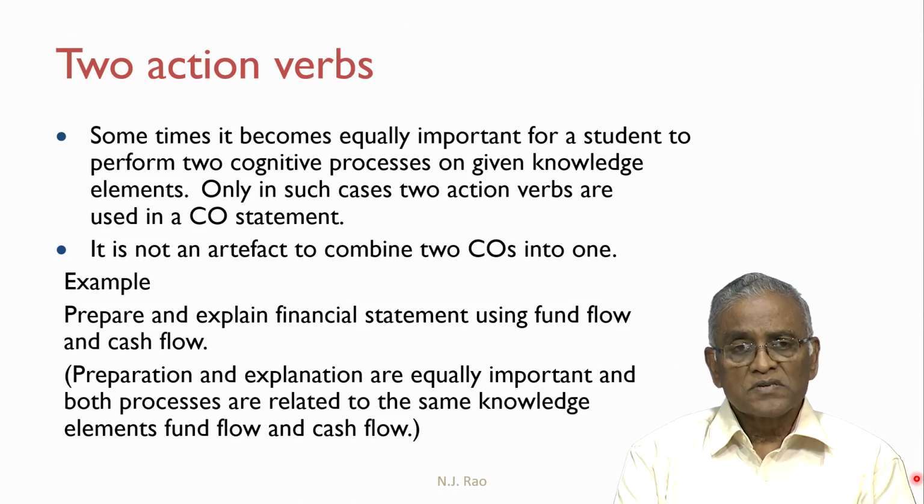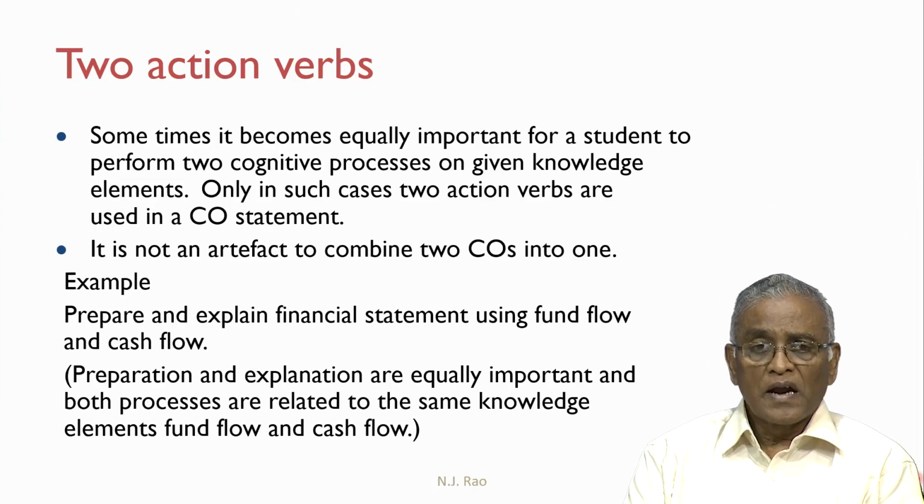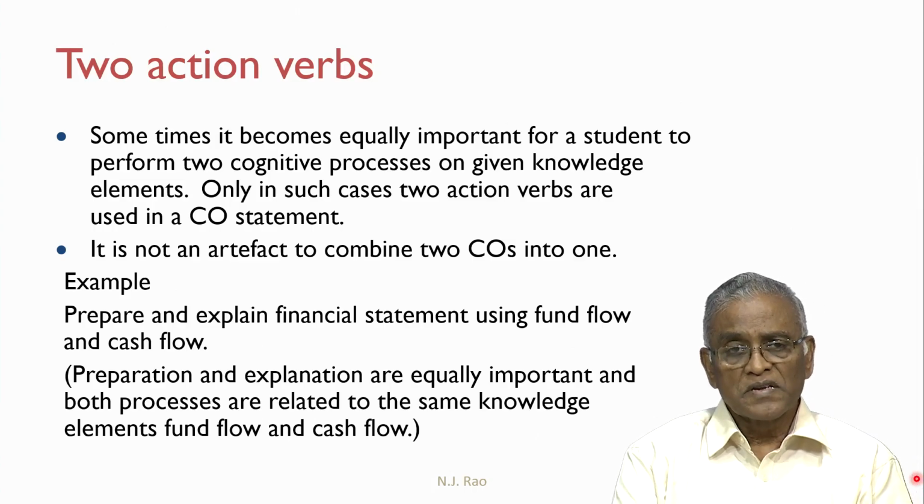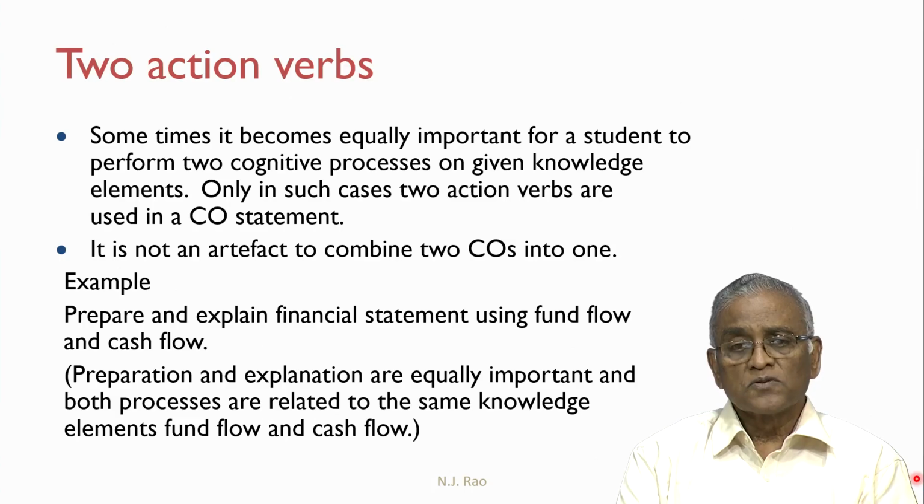Occasionally you will have a situation where 2 action verbs are required, but it should not be used as a matter of routine to combine 2 outcomes into one. Let us say you are required to write 6 outcomes for a course and you come up with only 2 statements. You cannot combine them and use 2 action verbs in a single sentence. So, it should not be used as an artifact to combine 2 COs into one.